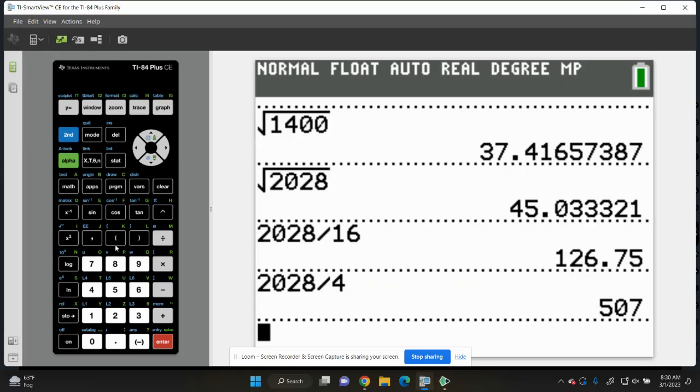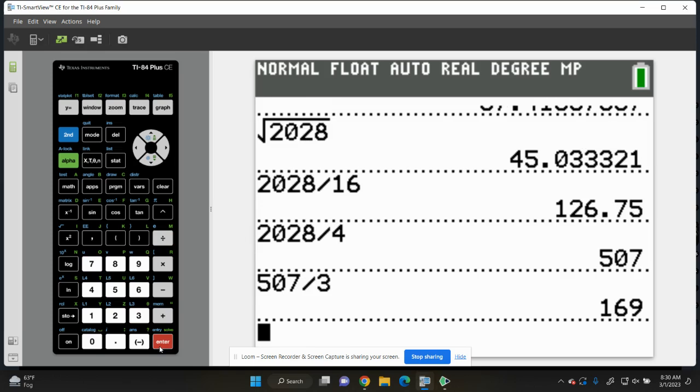Let's do 507 divided by 3. That worked out really nice. Why did I choose 3, by the way? Well, it ends in 7, so I'm trying to think of what numbers could give me 7 in the ones place. 3 would give me 7 if I did 3 times 9, that's 27. 9 would give me 7, and 7 would give me 7.